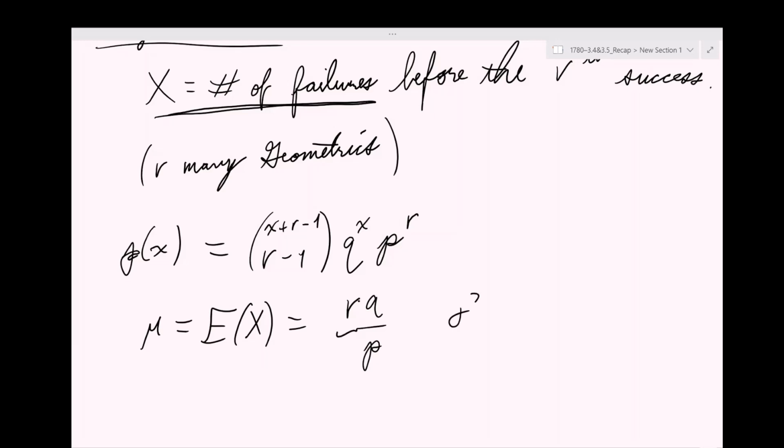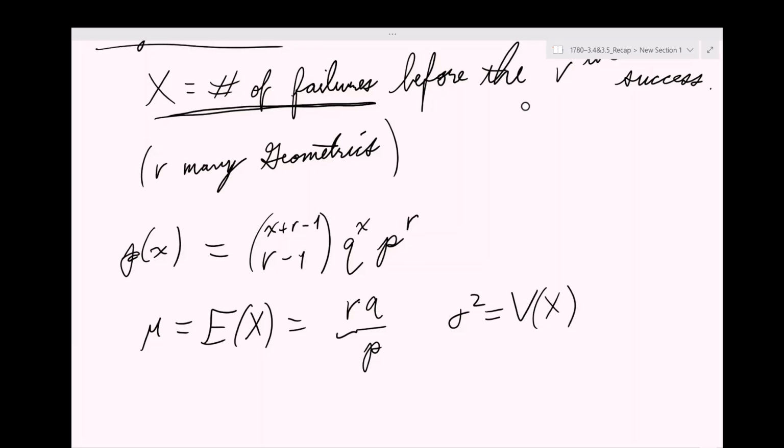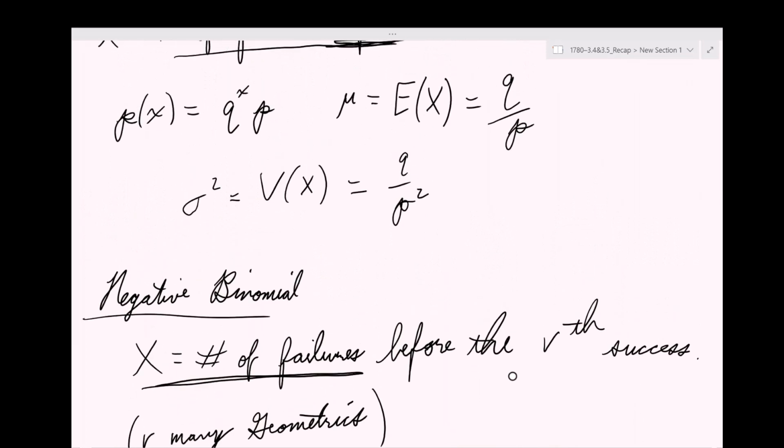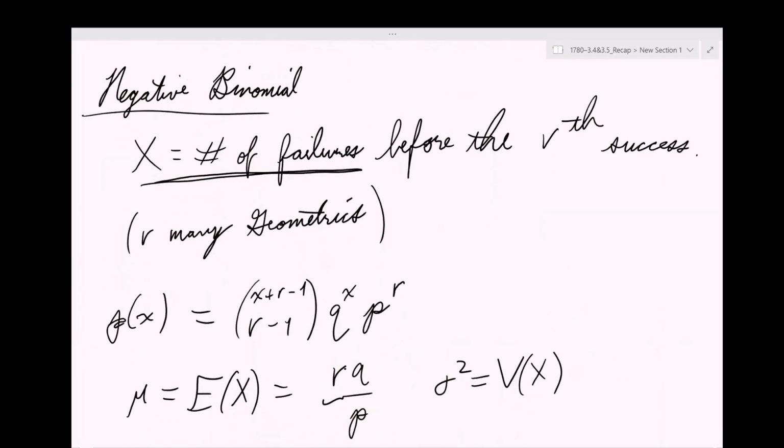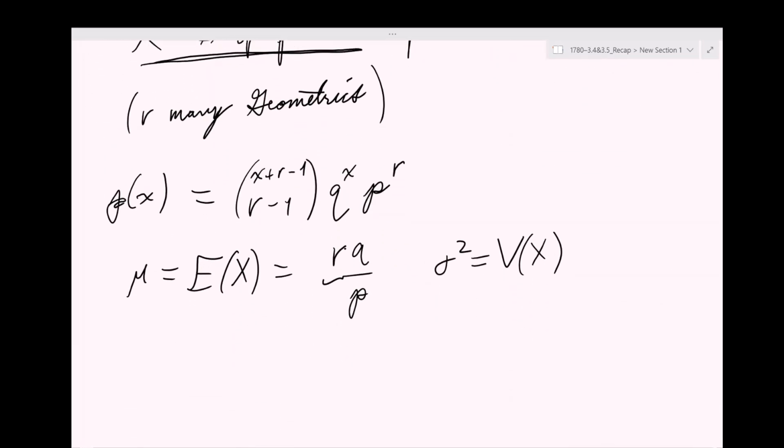And then for variance, my variance for the geometric was q over p squared. So now, since this is just r many geometrics added together, my new variance is just going to be rq over p squared.